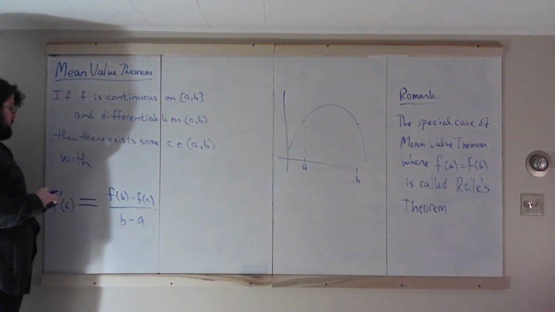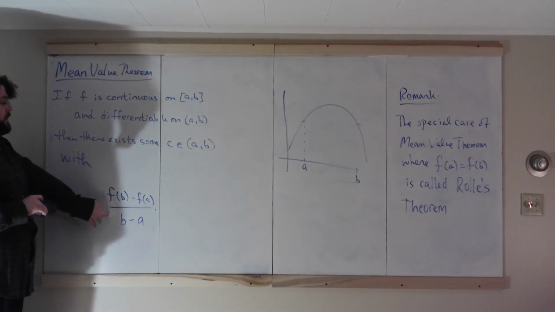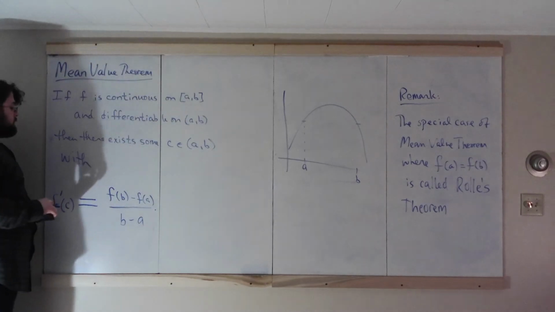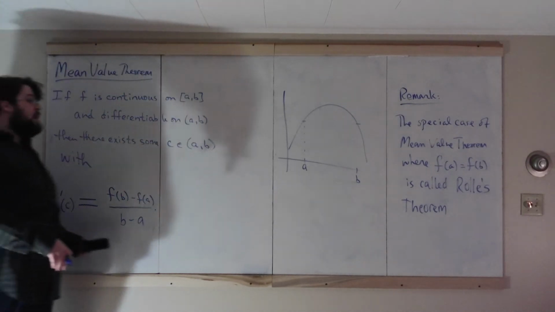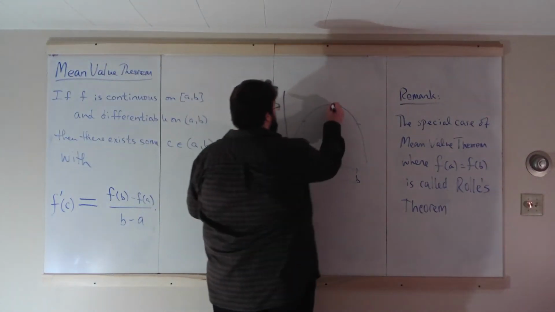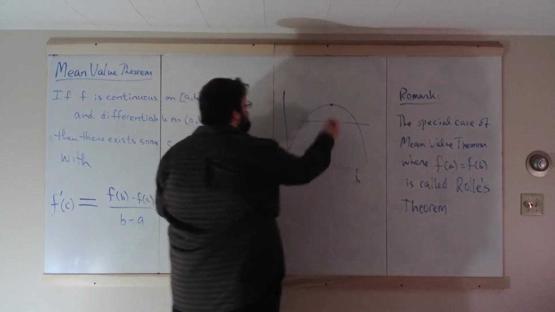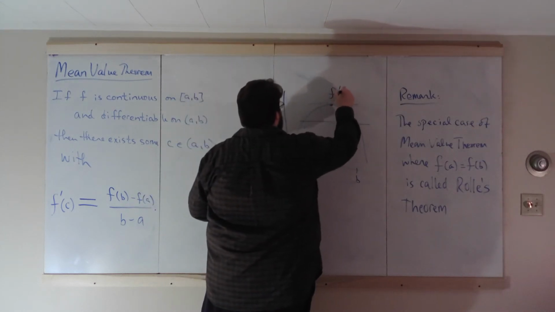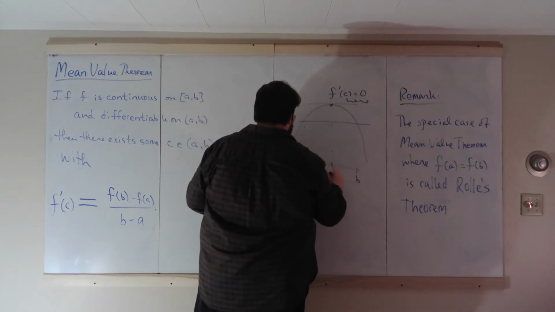What would the right side of this equation be? 0 over b minus a, which is 0. And it would say that there exists some c in a to b such that f prime of c equals the slope of that line, equals 0. So I'd say f prime of c equals 0 here, if we call that c.